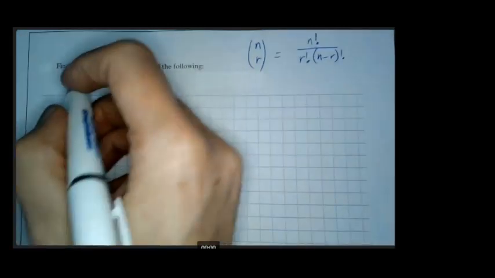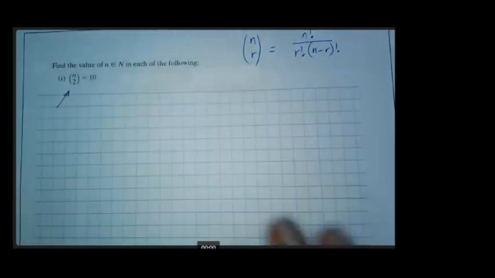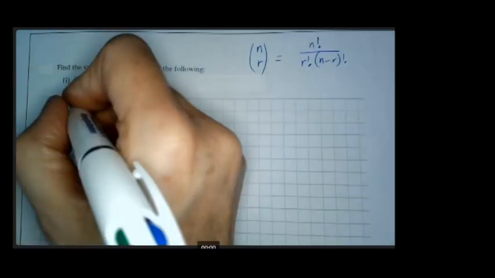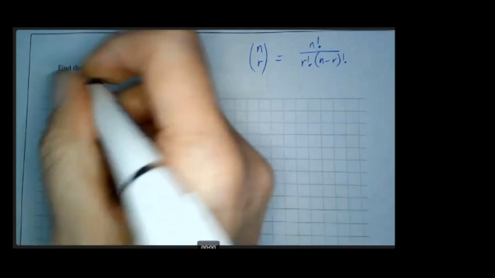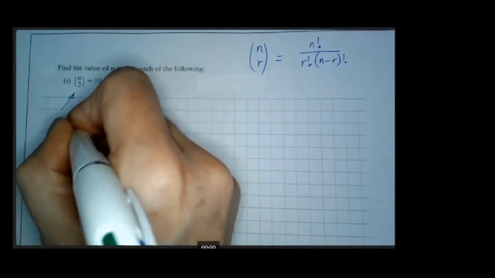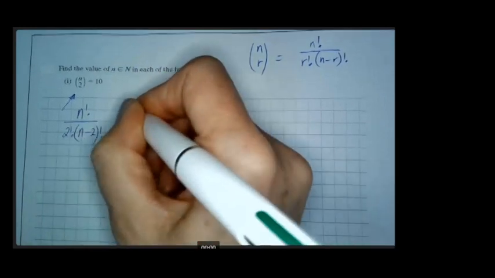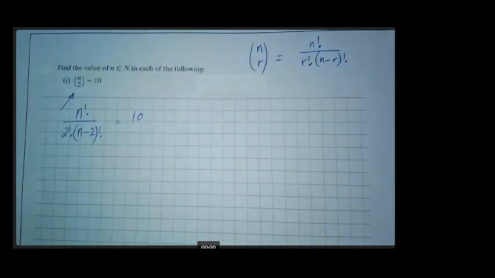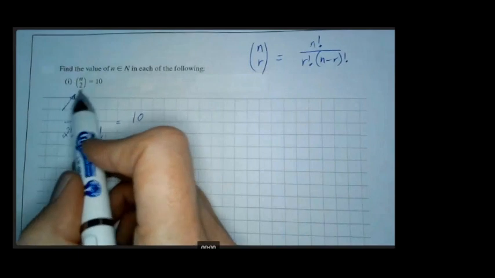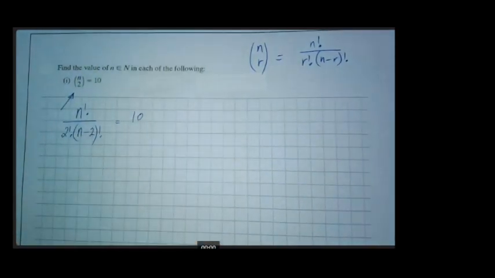So if I was just to put that calculation in here, I will get n factorial divided by 2 factorial, and then of course n take away 2 factorial, is equal to 10. Technically, that is the calculation that that notation gives you.